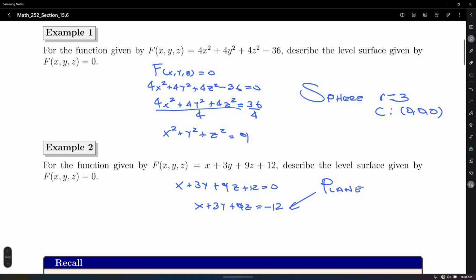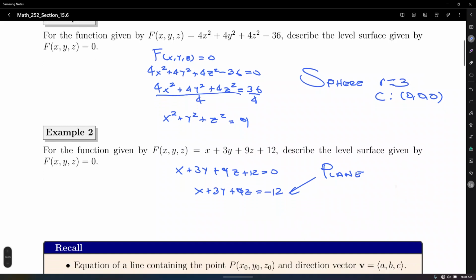Unlike the sphere, for which we could describe its radius and center, there's a bunch of things we could tell about this plane, like it has a direction vector 1, 3, 9. It has intercepts, whatever those three intercepts are, x, y, and z. But no need. All we need is to recall what these are.